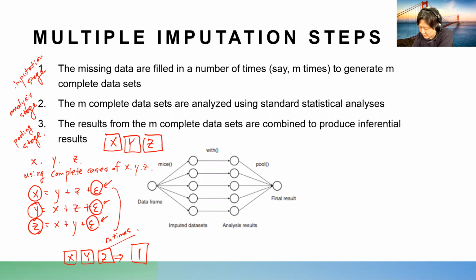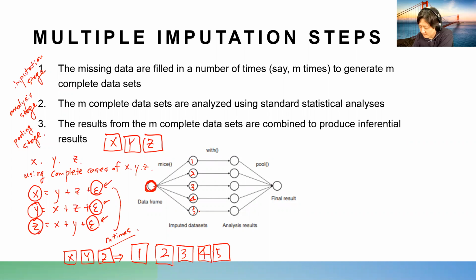Let's say we created 5 different data sets from this missing data. We go through this process again and create the second complete data set, and do it again for the third, fourth, and fifth.